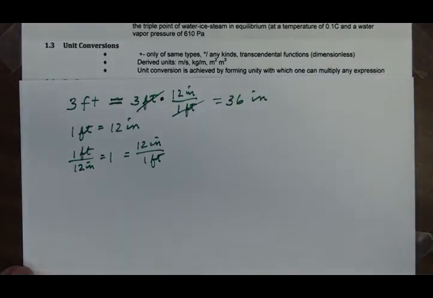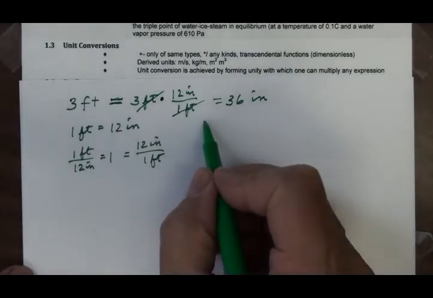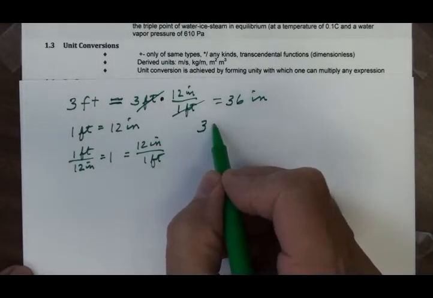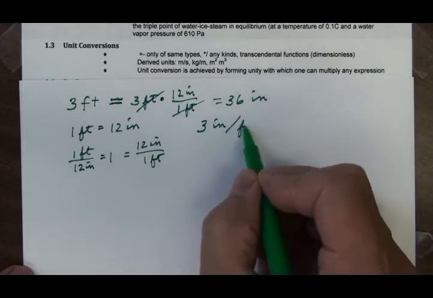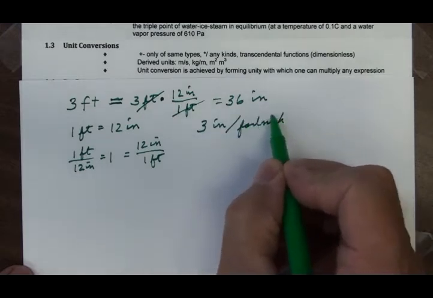You can do the same type of thing. For example, if you have a snail that may be crawling at, see if you can work this problem, 3 inches per fortnight. That's 2 weeks.